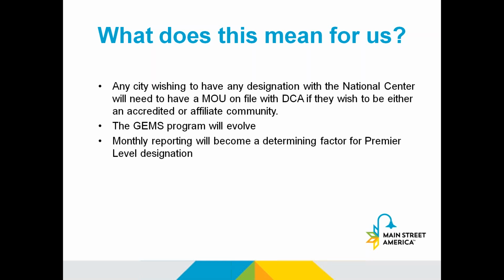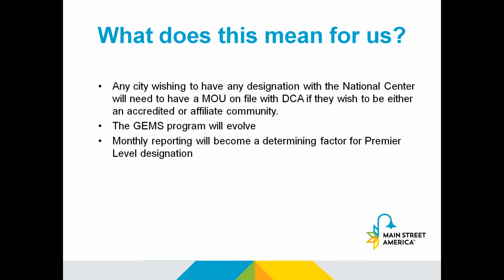And we'll be working with those communities who want to be a part of the startup process to get them to that affiliate level with the National Center, which I think is great. That means no more having to wait till the time is right. We can get you plugged in and started working on the process right away.